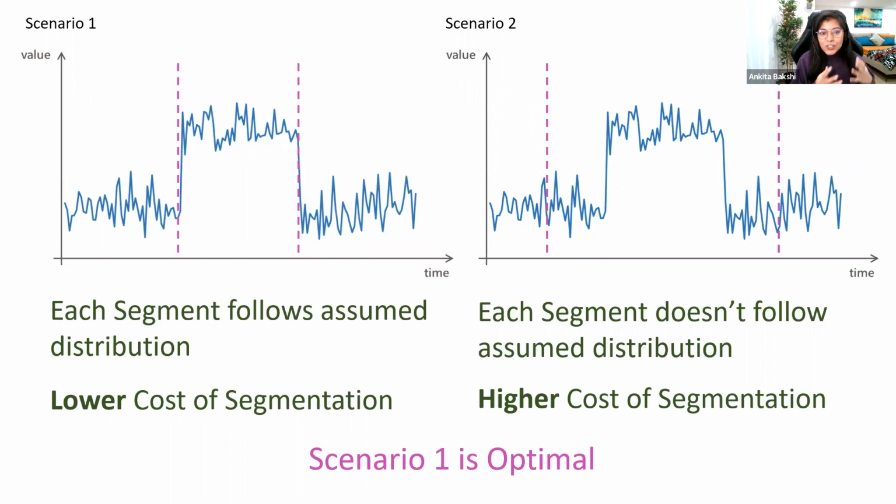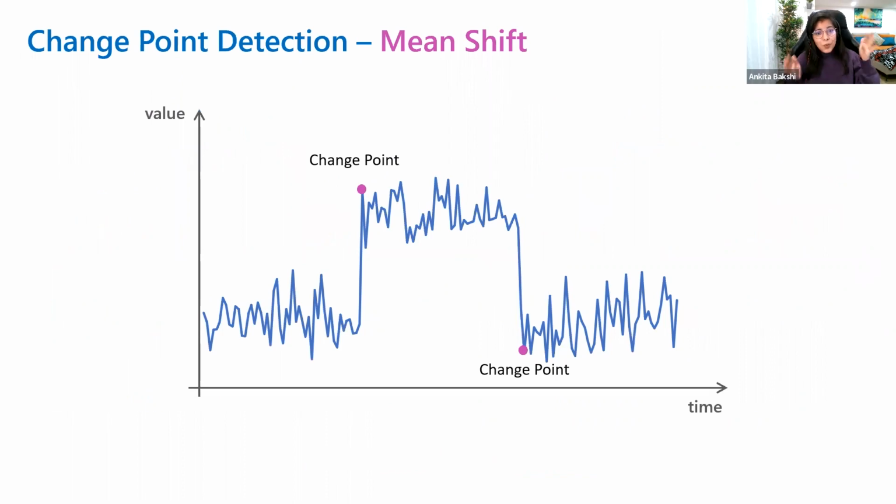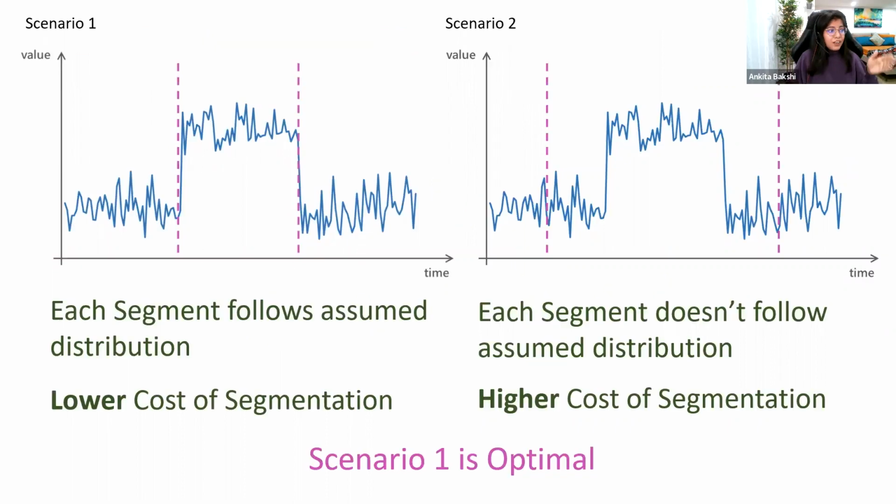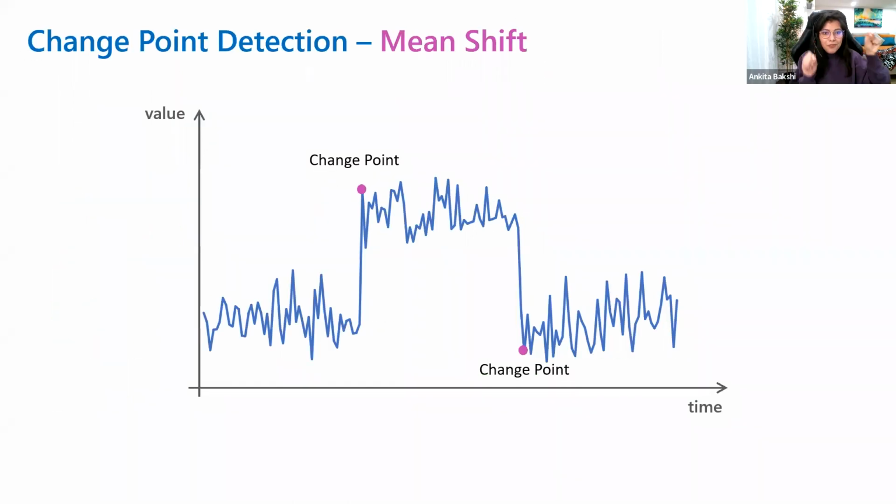And that's how the tool will say to pick scenario one, because the cost of segmentation is lower since each segment follows the assumption of the distribution. So in this case, this will be selected. When we split it in three, we find those splits and call them change points.